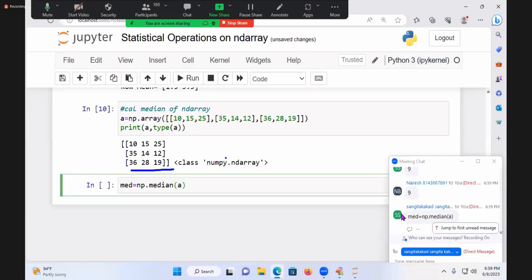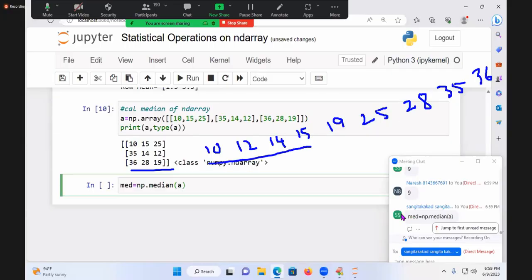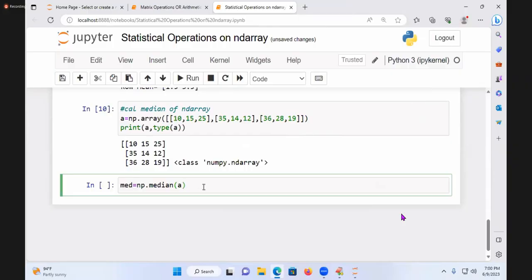First put them in sorted order, for your calculation purpose: 10, 12, 14, 15, 19, 25, 28, 35, 36. So 4 elements here, 4 elements here. 19 will become the median. Simple. What is the answer? 19.